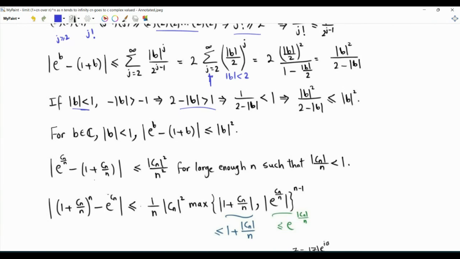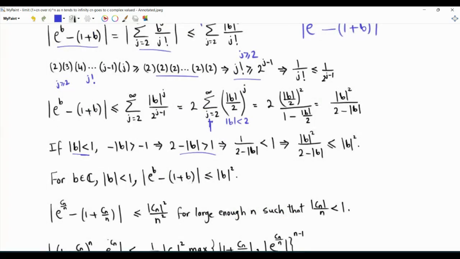Now, is this justified? Note that our upper bound here holds when the magnitude of b is less than 1. But for n that is large enough, the magnitude of cn over n is less than 1.